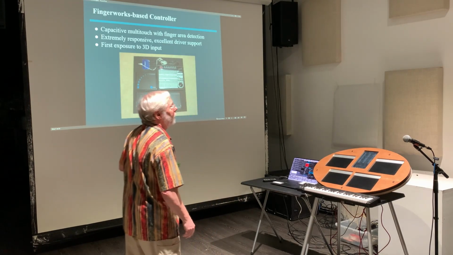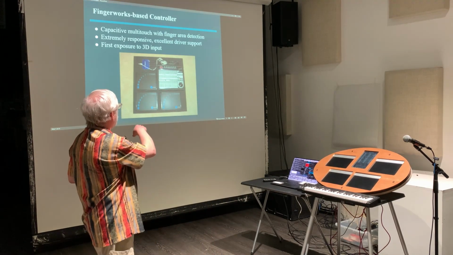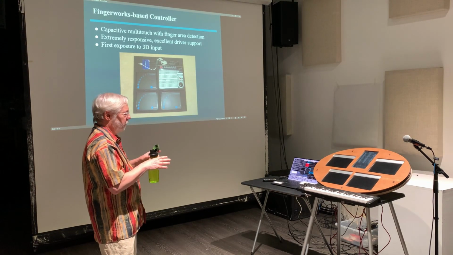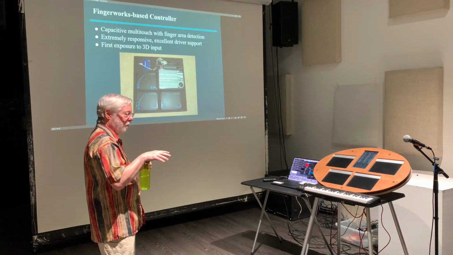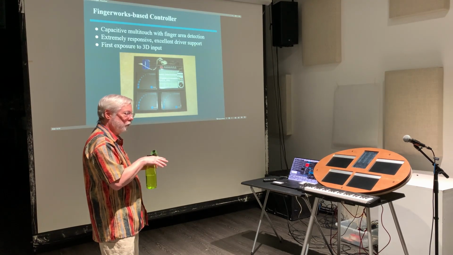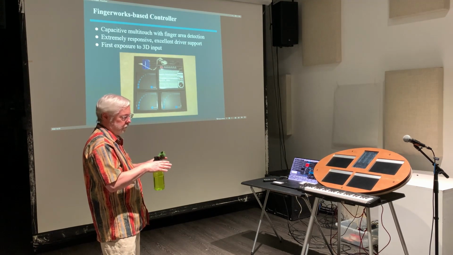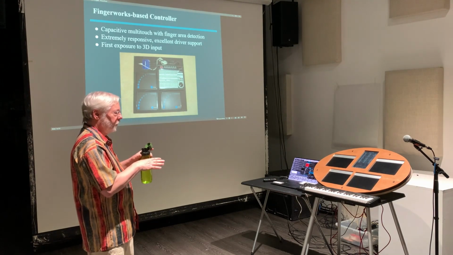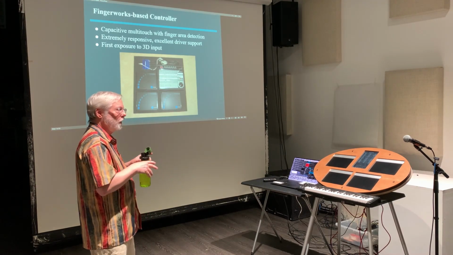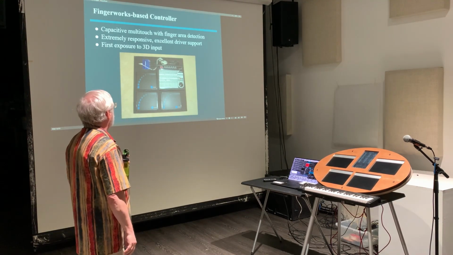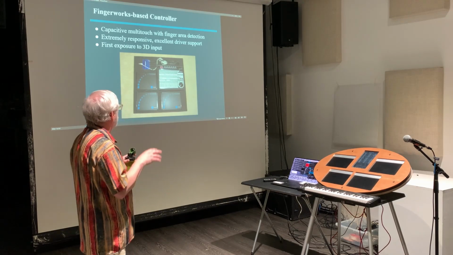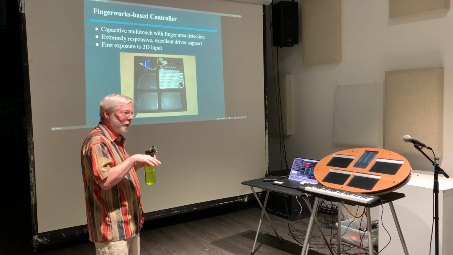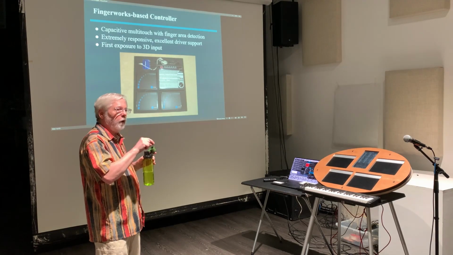So around the early 2000s, there were these pads called the Fingerworks pad that were capacitive, very sensitive, multi-touch. It was one of the first readily available, relatively cheap multi-touch things you could buy. And so I started experimenting with those, and they were XY like a mouse pad, but it also detected the area of your finger.